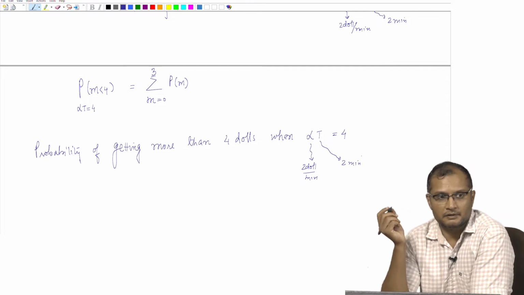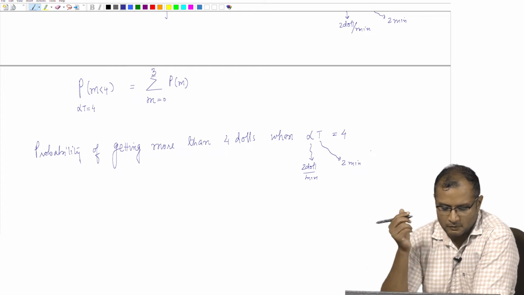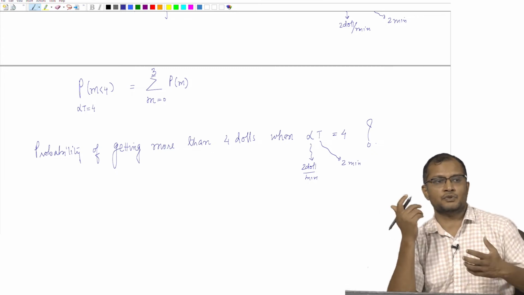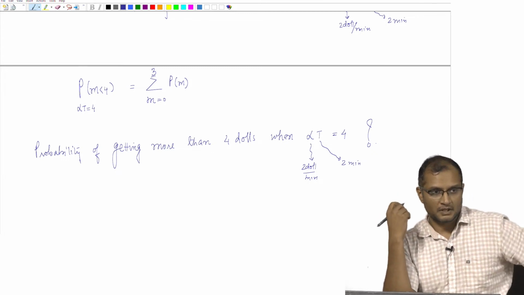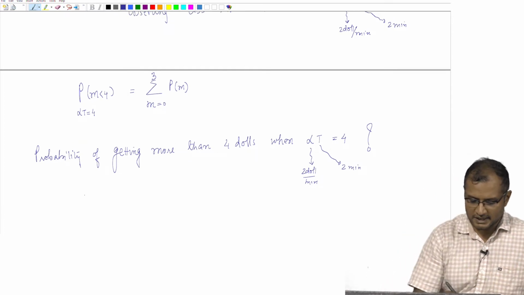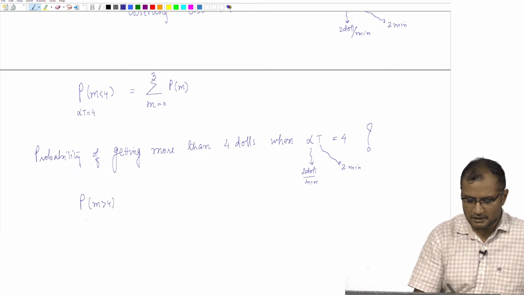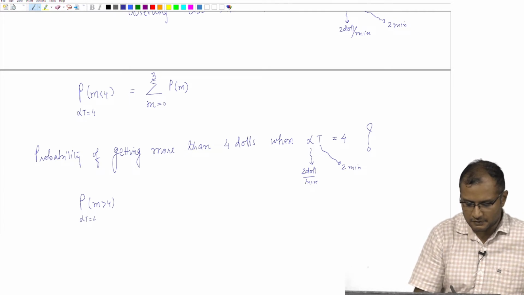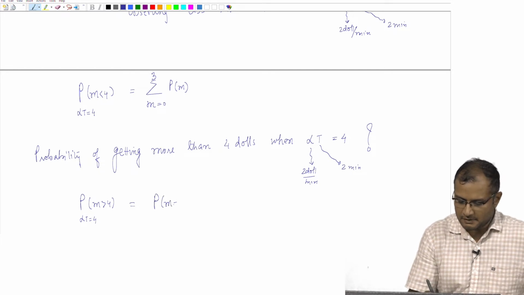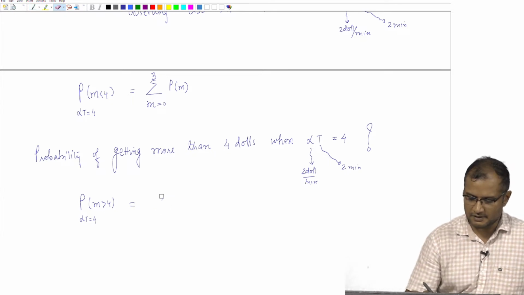So, I expect 4 dolls as the average, but now I am asking what is the probability of getting more than 4 dolls, because some of these volunteers who you chose will see more than 4 dolls. Okay. So, then you will basically ask what is P of m greater than 4 when the mean number of dolls was 4. So, then this is basically all the probabilities m equal to 5, 6 all the way to infinity.